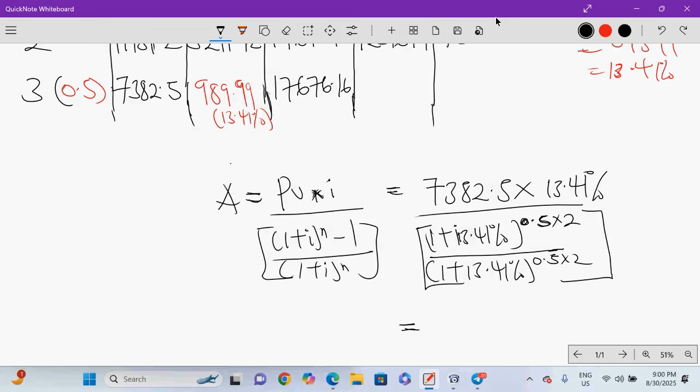Why is it times 2? We compounded it semi-annually, because we are using half year. A full year is what? Annual. So half year is semi-annual, 6 months.